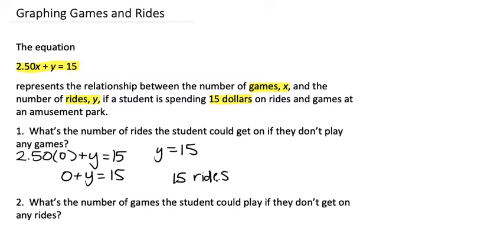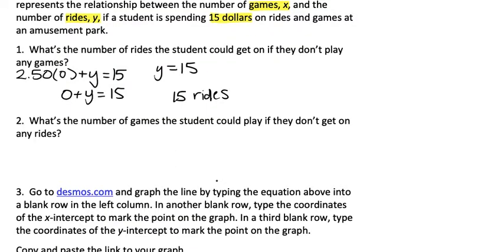The second question is, what's the number of games the student could play if they don't get on any rides? We would figure this out by plugging in 0 for y and then solving the equation for x. So my equation would be 2.50x plus 0 equals 15.